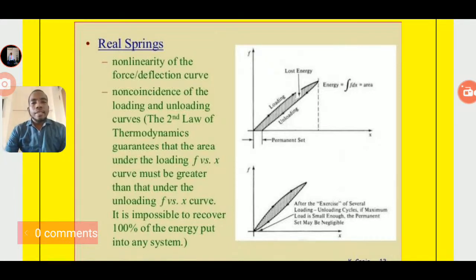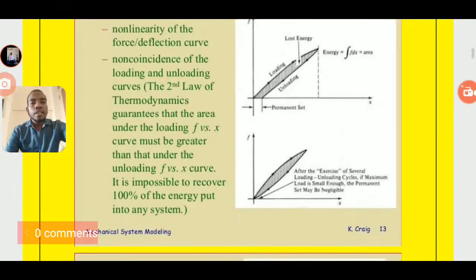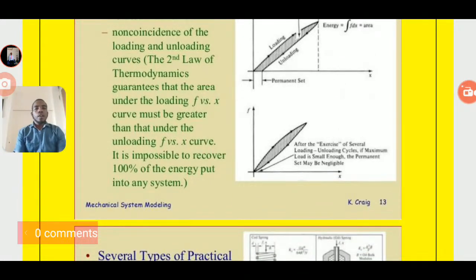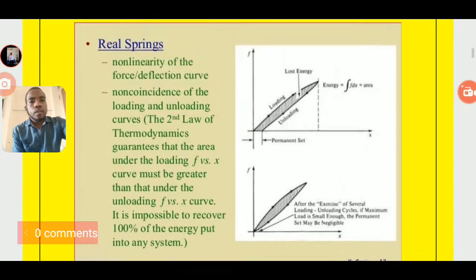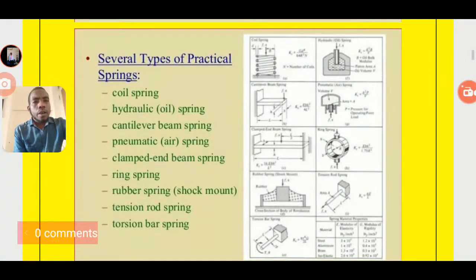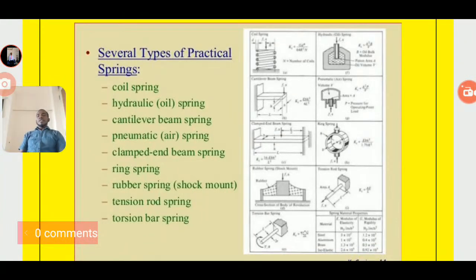That guarantees that the area under the unloading F versus x curve must be greater than that under the loading F versus x curve. It is impossible to recover 100% of the energy put into any system. This is the graph for the real spring. Now we are going to see the several types of practical springs.